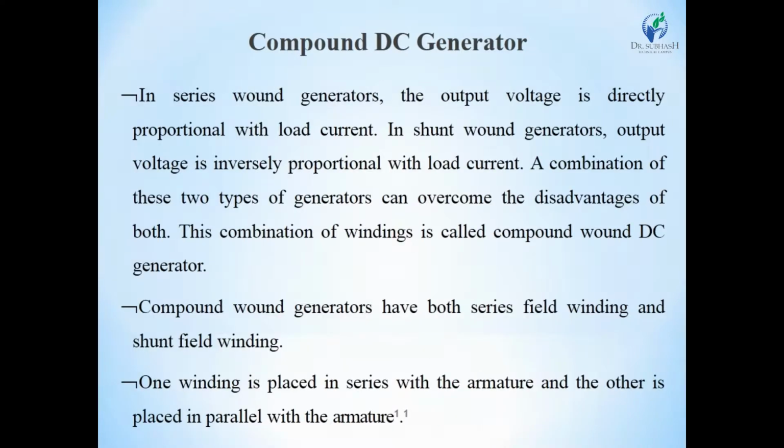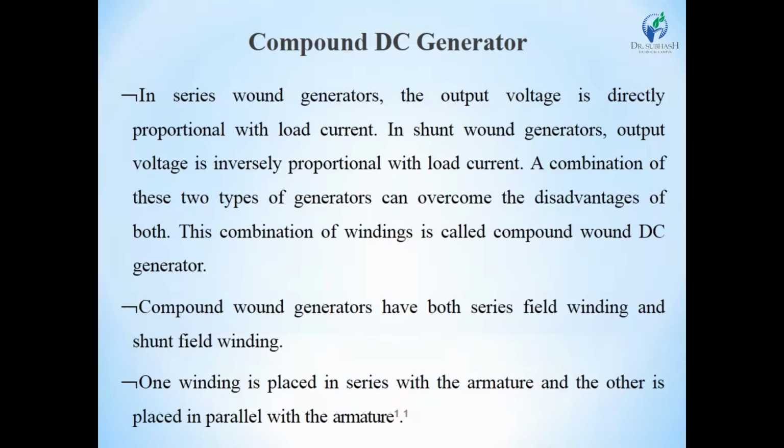Now for the compound generator. In the previous section we discussed the series and shunt DC generators, in which the field winding is connected in either series or parallel with the armature winding. But in the compound generator there is no independent field winding.